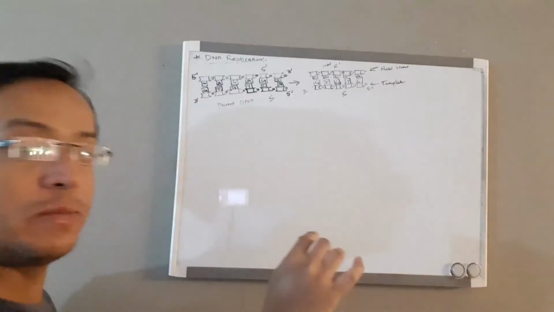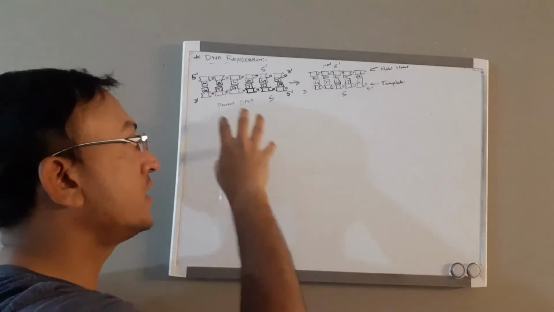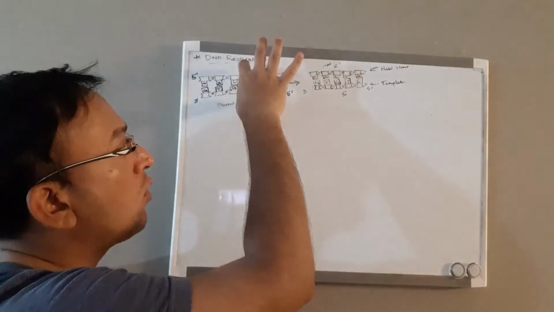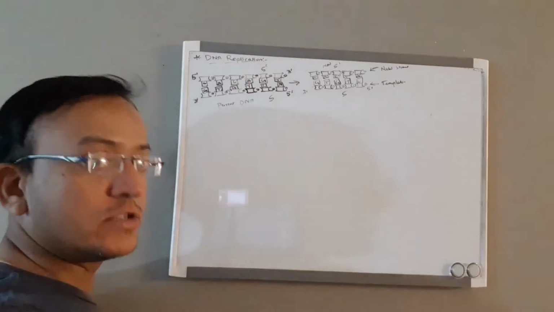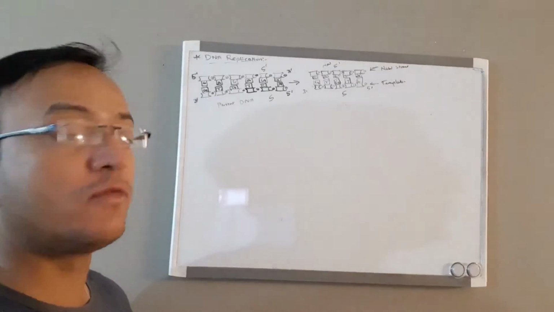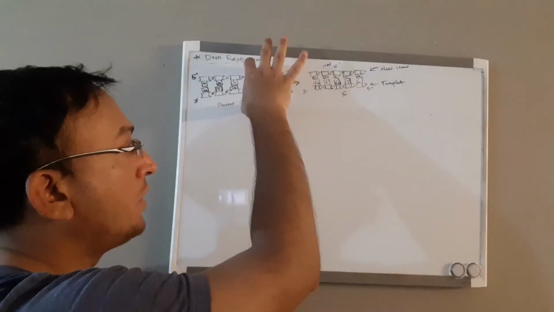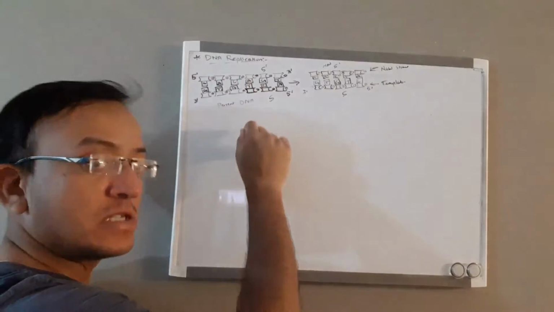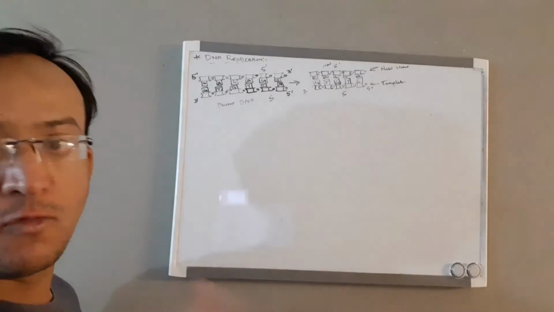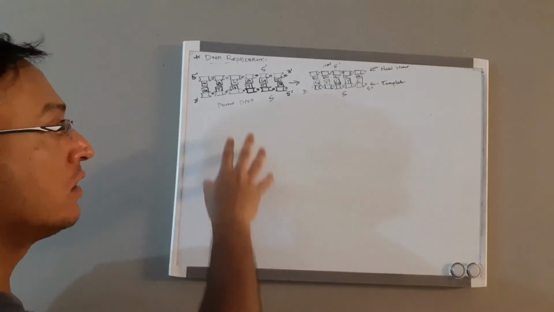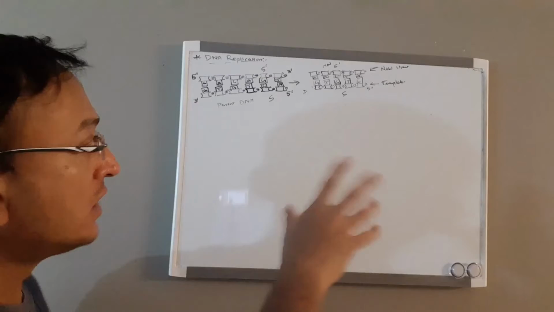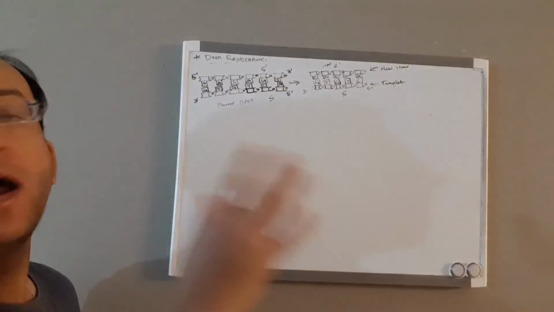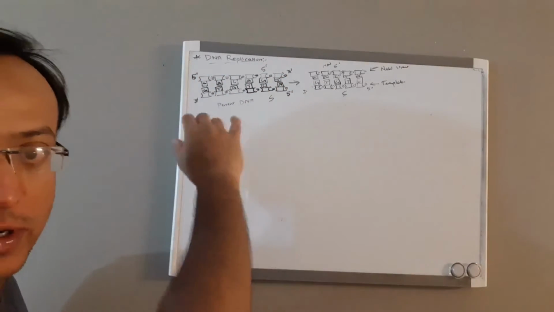The first problem that the replication machine faces is to open up the DNA helix and to access the nucleotides. So for DNA replication to occur, the double helix must be unzipped ahead of the replication fork.